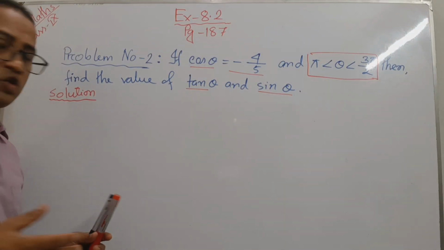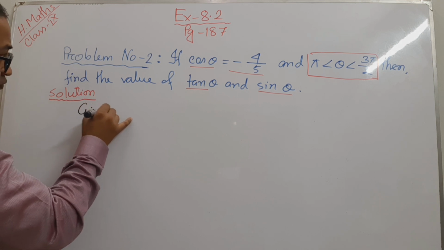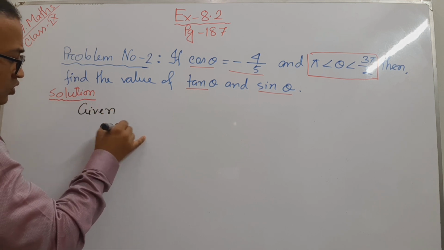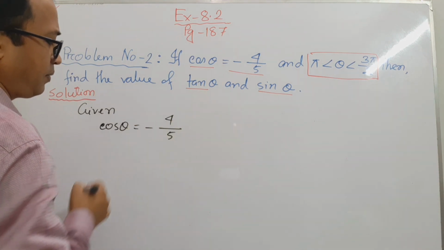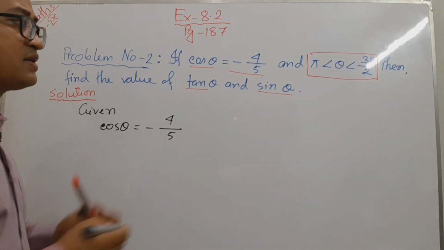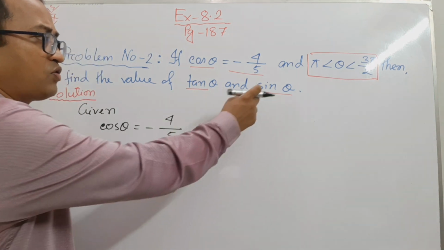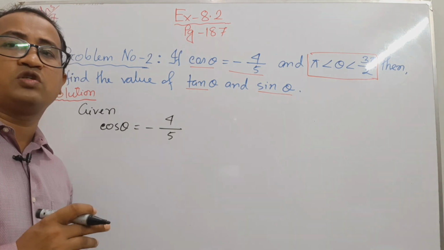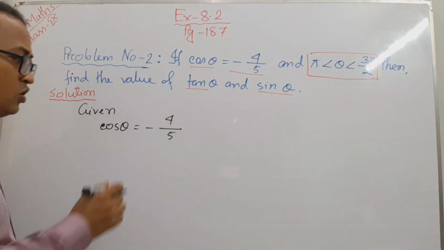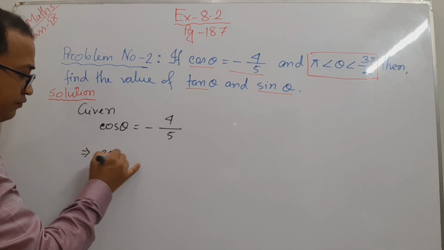Now the solution. Cos theta equal to minus 4 by 5. From cos theta it is difficult to find out the value of tan theta, but it is very easy to find out the value of sin theta, because we know sin square theta plus cos square theta is equal to 1. So convert it into square.